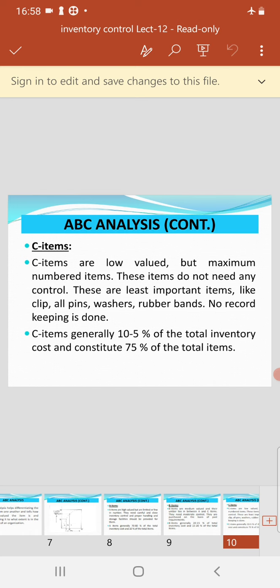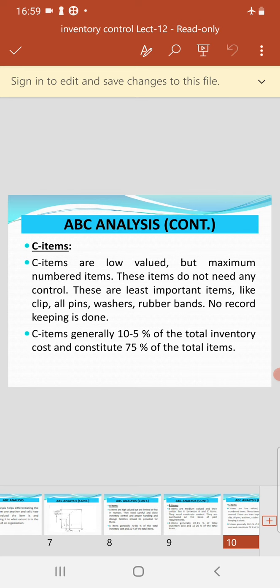So C items are low valued but maximum numbered items. These items don't need any control. These are least important items like clips, pins, washers, rubber bands. No record keeping is done.